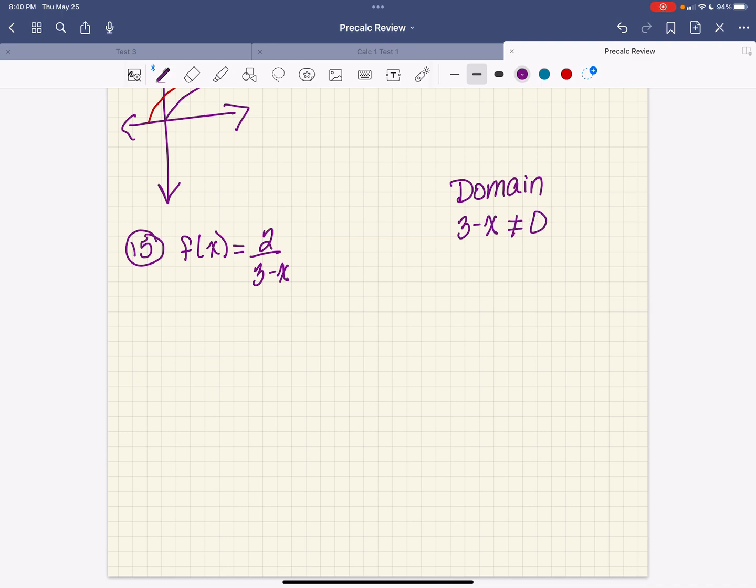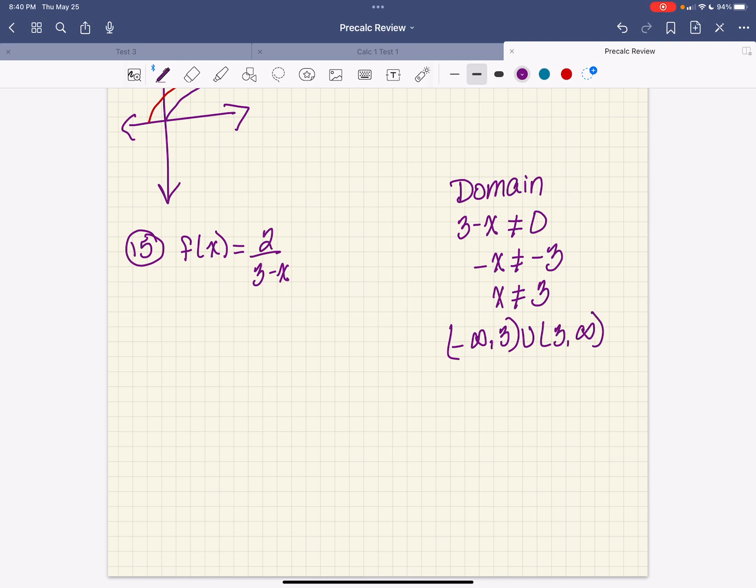It's okay if it's negative, it's okay if it's positive, it just can't be 0. Then I end up with negative x cannot be -3. When I divide both sides by -1, I get that x cannot be 3. So our domain is -infinity to 3 and 3 to infinity.